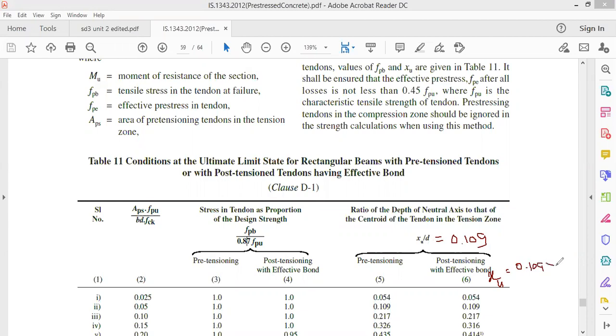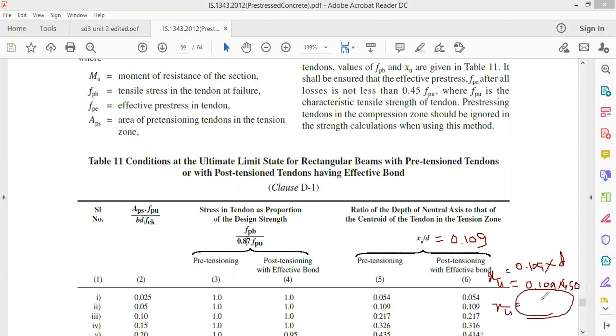0.109 into D. Let's say the D value is 450. So I will substitute that: 0.109 into 450, right? So I will directly obtain the value of this XU.